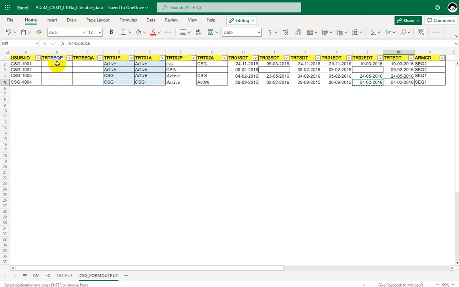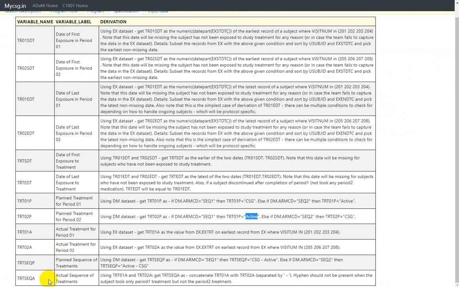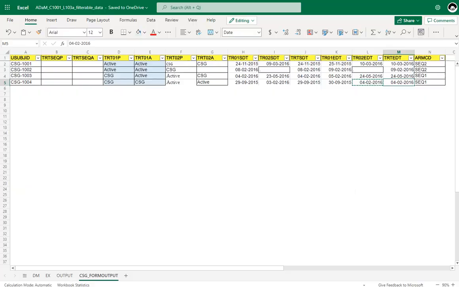So all that we are now left with is TRT SEQP and TRT SEQA. So we have seen the derivation that TRT SEQP has to be based on the ARMCD variable. Wherever it is SEQ1, we were asked to populate it with CSG hyphen active. So let us populate it.